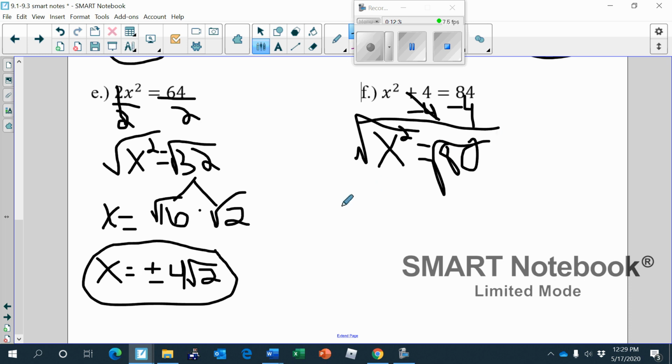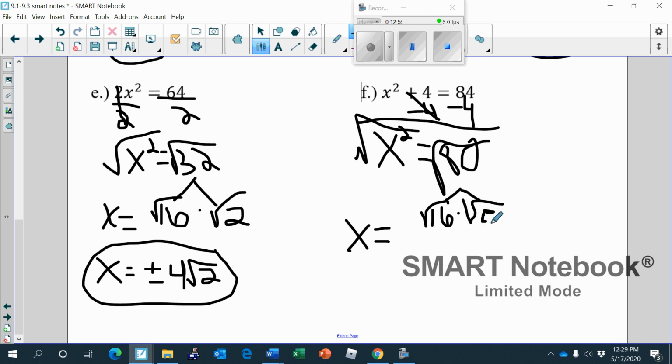You're going to get x is equal to, again, let's pick the biggest perfect square that divides into 80. Think about it for a second. It's actually going to be 16 again. So we get the square root of 16 times the square root of 5, because that gets me back to 80.